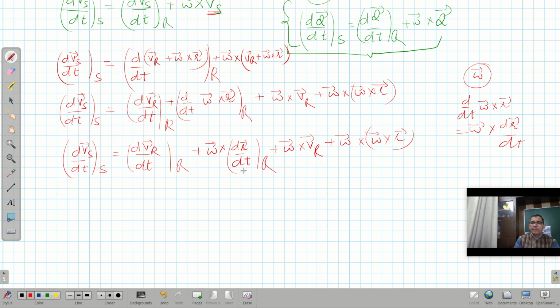This quantity is nothing but vr. So therefore we get the relationship dvs over dt in S frame is equal to dvr over dt in R frame plus omega cross vr.